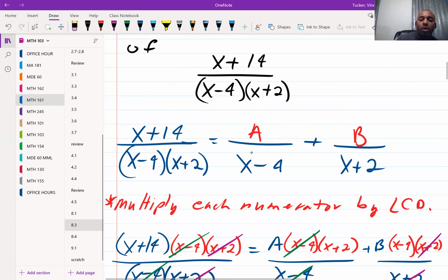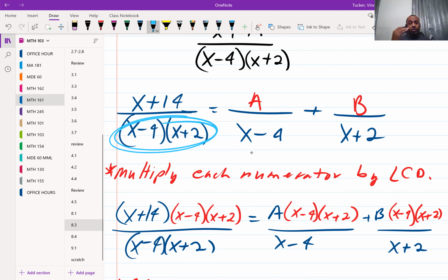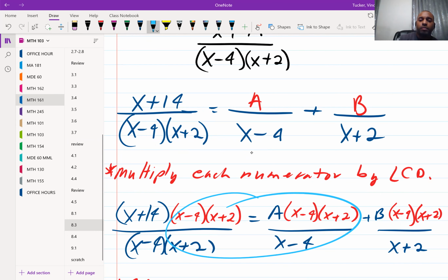Then from there, we're going to multiply each numerator by the LCD. So let me remove these slashes. So we multiply each numerator by the LCD. Your LCD is this denominator right here, so you're just going to take that and multiply it to each numerator.